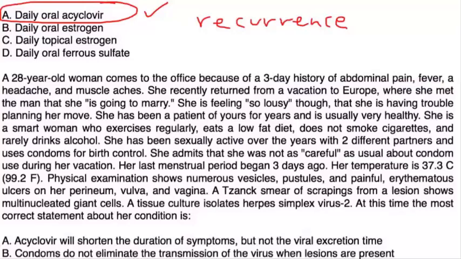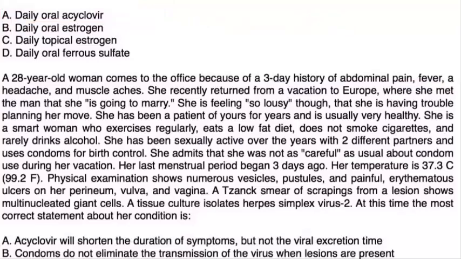And finally, big long one. A 28-year-old woman comes to the office because of a 3-day history of abdominal pain, fever, headache, and muscle aches. She recently returned from a vacation to Europe where she met a man that she is going to marry. She is feeling so lousy, though, that she is having trouble planning her move. She has been a patient of yours for years and is usually very healthy.